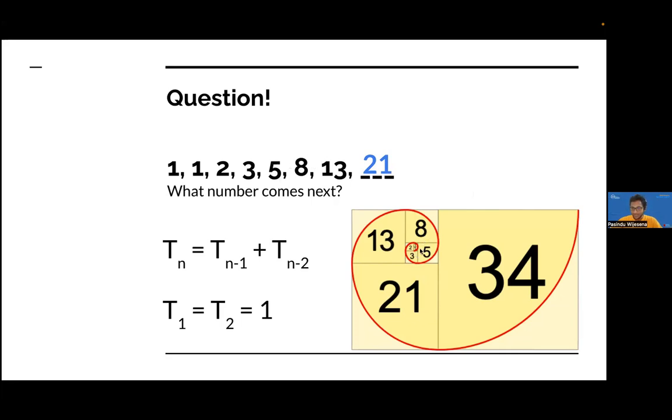So here, 3 plus 5 is going to be 8, 8 plus 13 is going to be 21, 13 plus 21 is going to be 34. And so this sequence we can define by these two rules. The first term and the second term we define as 1. And then the nth term of the sequence, we define it as tn minus 1 plus tn minus 2.